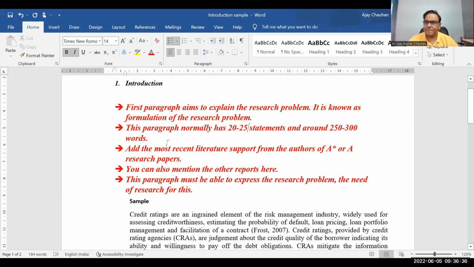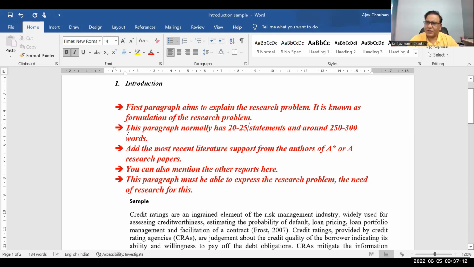Because these things directly or indirectly hit the subconscious mind of the editor, because they have the habit of looking at the first paragraph at that size. So consciously or subconsciously they notice it. So we found that in most of the research papers, this paragraph has around 250 to 300 words, and the number of sentences depends upon the font size, you know that.